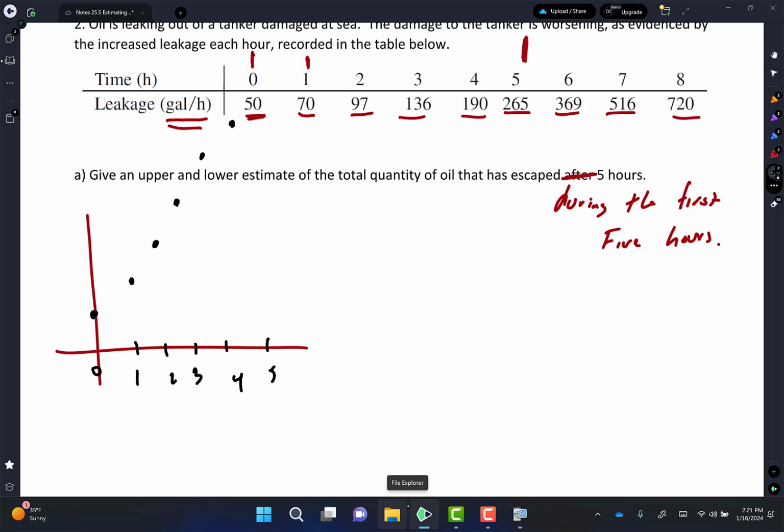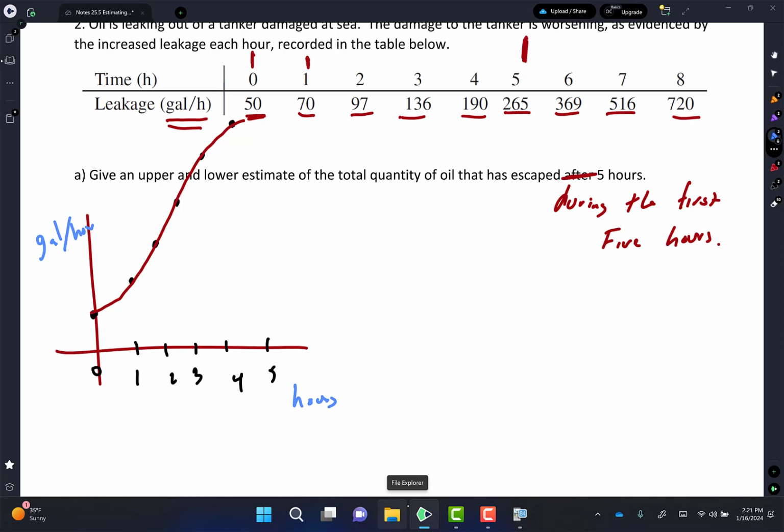I just did some random labeling. So if this were a curve, maybe this curve looks like this. Notice I didn't even label the y-axis. This is in hours, and this is in gallons per hour. I just made an increasing curve.